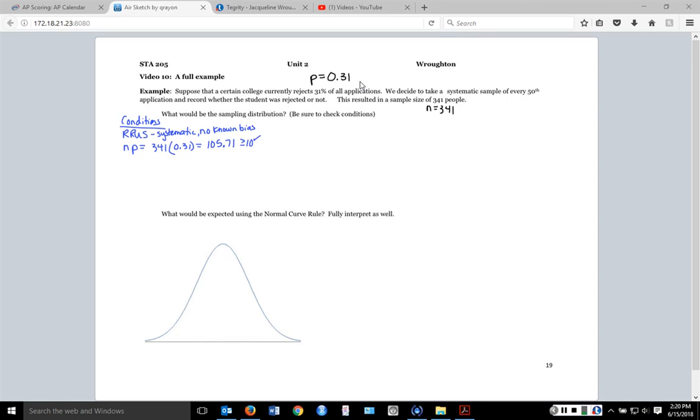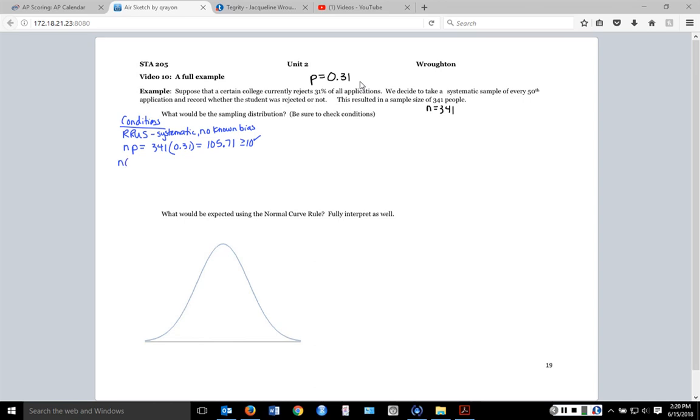Now, just make sure you can do the math, but if you want to understand what that number just checked, is that if we reject 31% of all applications, if we sampled 341 applications, we're going to expect roughly 105.71 or 106 of them to be rejected then.